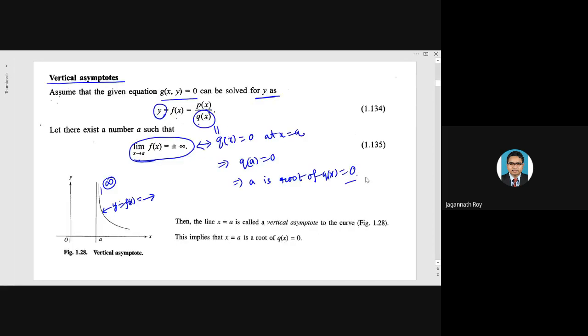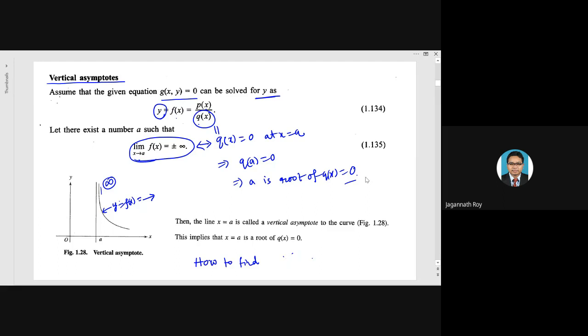So this is for your information. Now, slowly we will go to the topic of how to find vertical asymptotes and how to find any kind of asymptote, not only vertical.